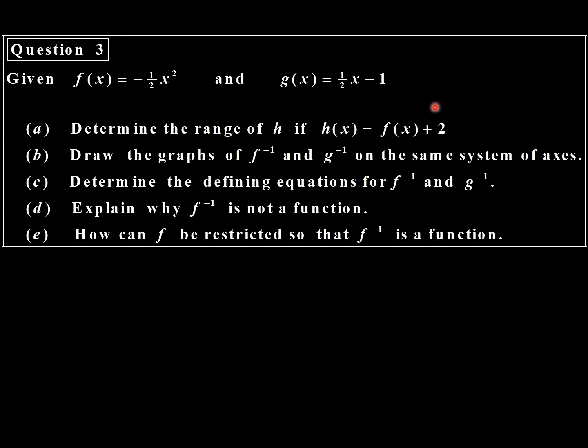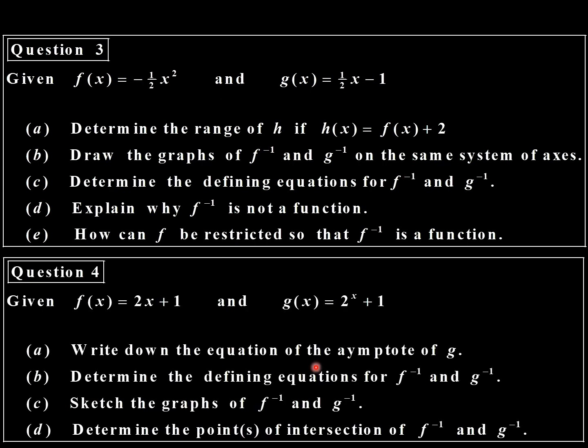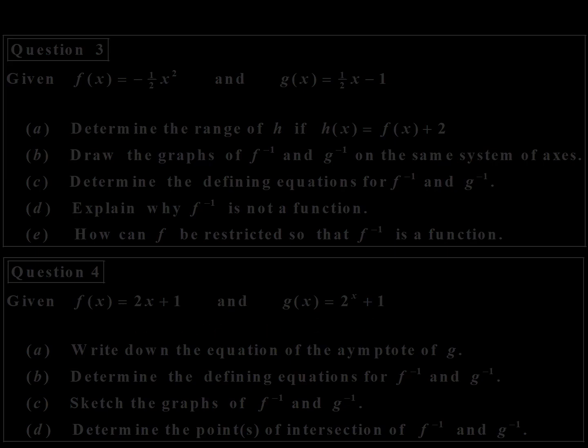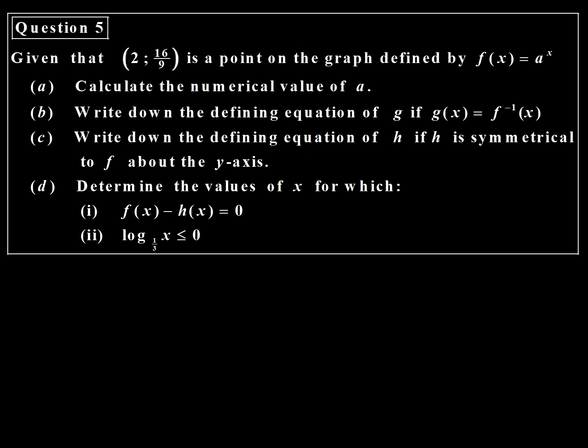One is a quadratic and the other one is a linear, and then there are some questions relating to those 2 graphs, finding the inverses, sketching the inverses. The same here, we have 2 other functions. The one is a linear again and the other one is an exponential. This one here we have an exponential, and then we have some questions based on that exponential graph.